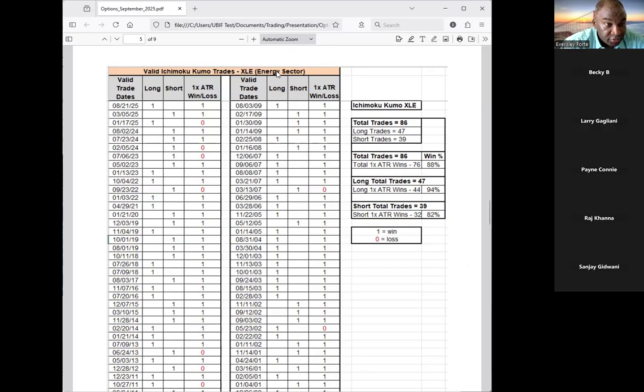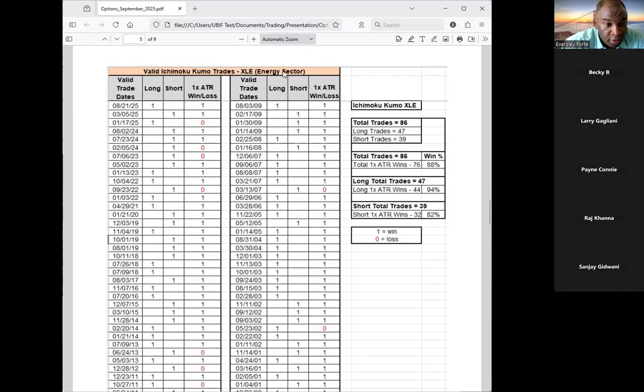And just for a little history, XLE was the first ETF that I really loved trading. It became one of my favorites, probably back in 2006 is when I started trading XLE. The QQQs, NASDAQ, and XLE Energy are my two favorite ETFs to trade.